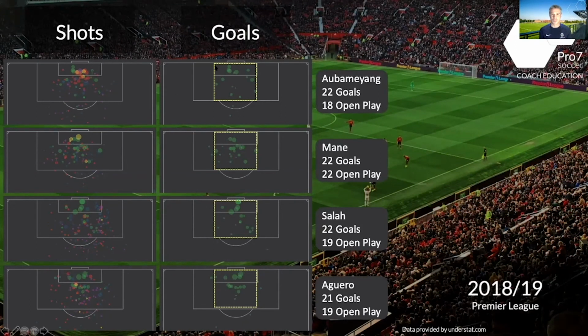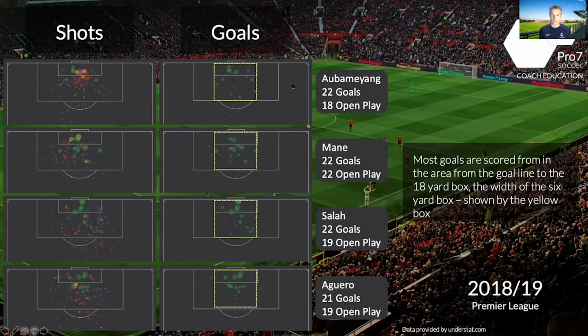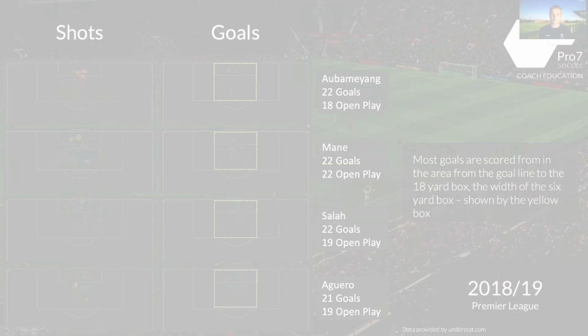That's goals scored inside the 6-yard box and in the area directly in front of the 6-yard box. So this is some more information that I was gathering to learn about where goals are scored from. As I just said, most goals are scored from the area between the goal line and the edge of the 18-yard area directly in front of the goal.